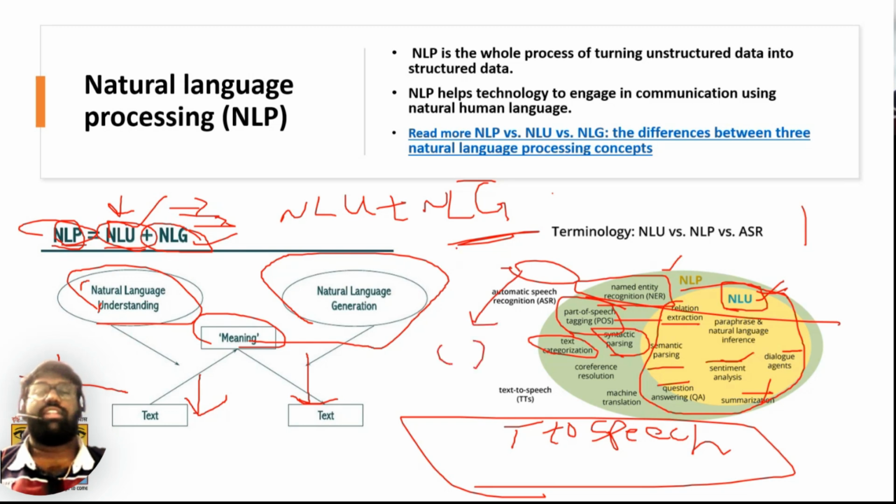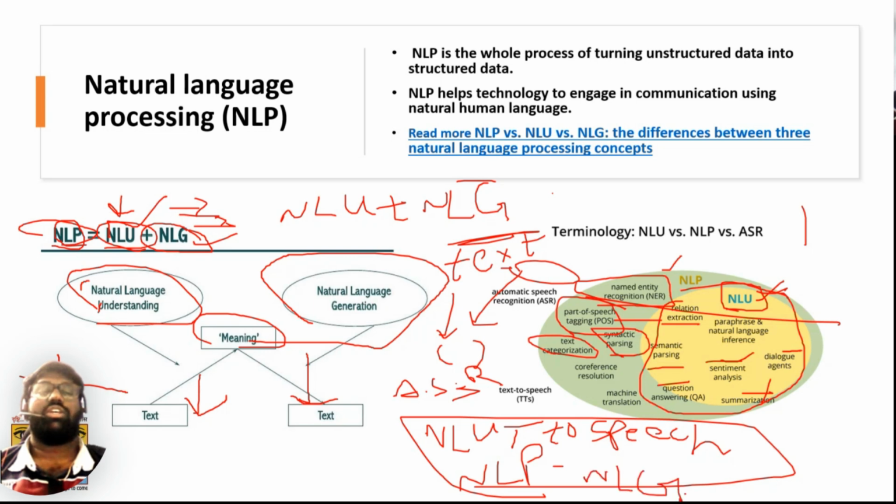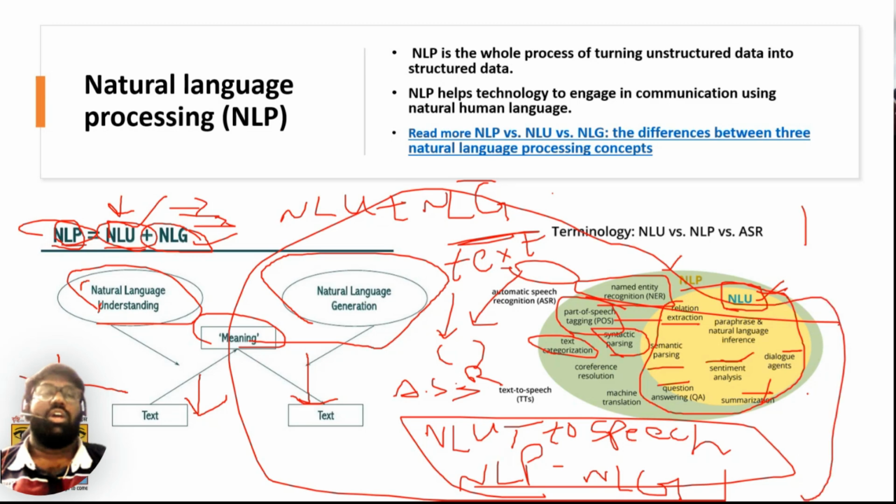So whatever text is generated, it is saying those texts as words. That is called automatic speech recognition, ASR. So this automatic speech recognition, this NLU, NLP, which is a combination of NLG. These are the major important aspects with respect to natural language processing.